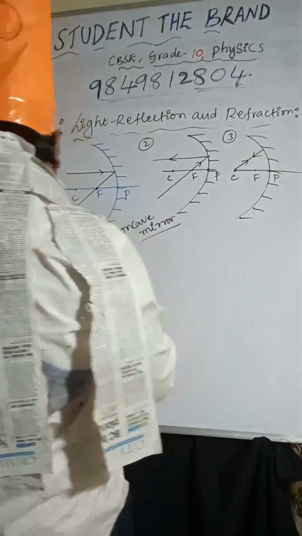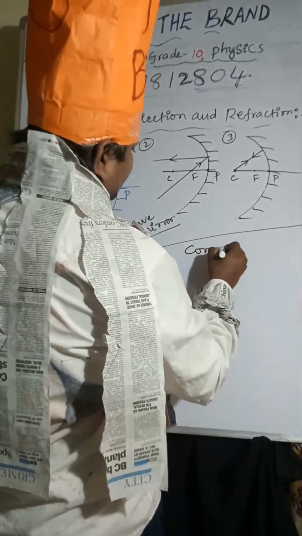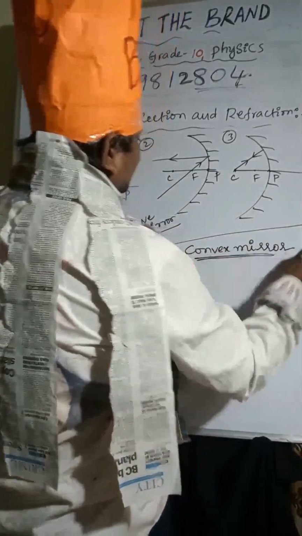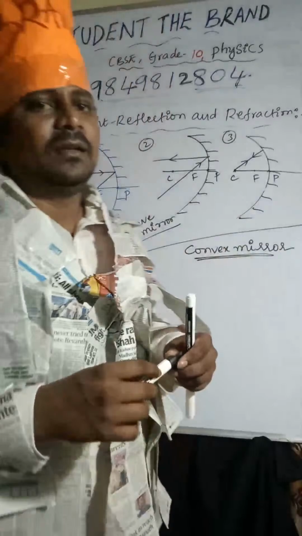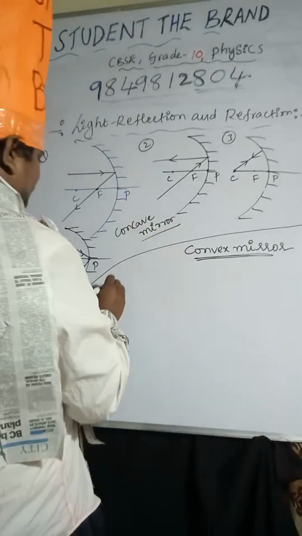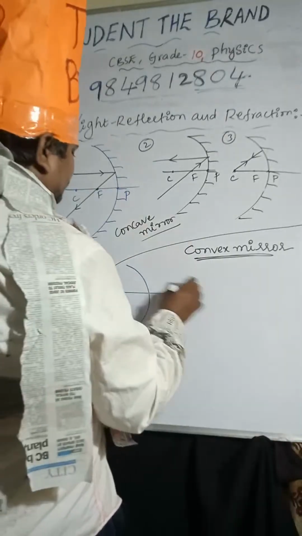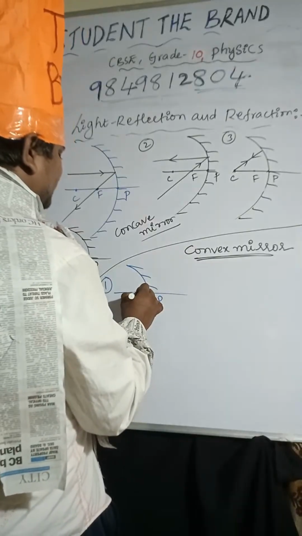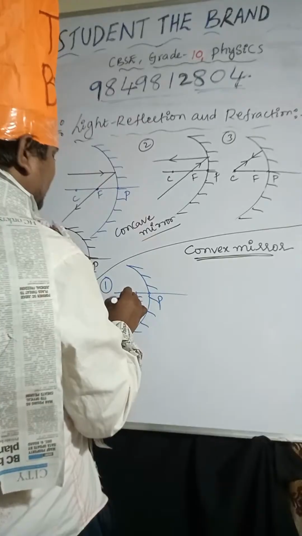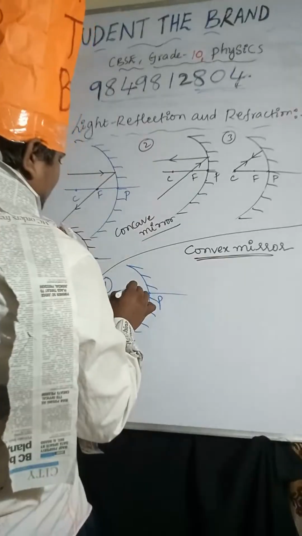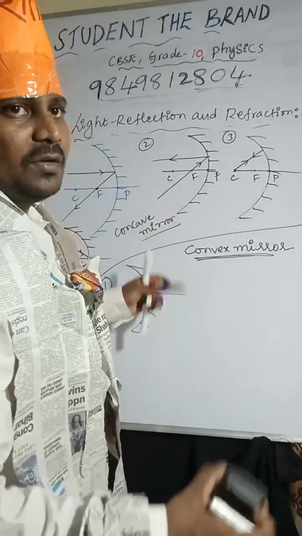And coming to the convex mirror. First point: pole, focus, center of curvature. Sorry, that was the concave mirror.